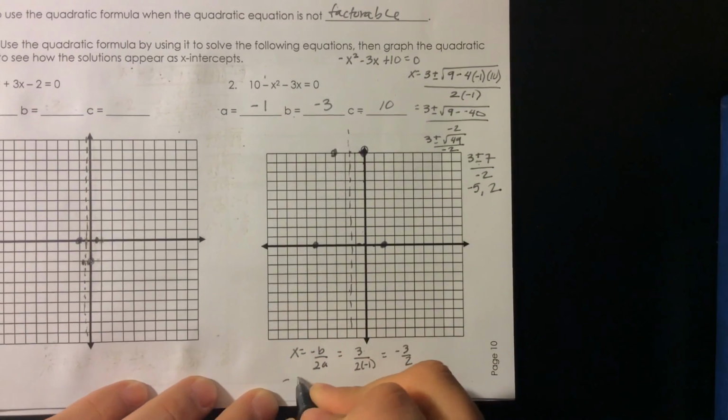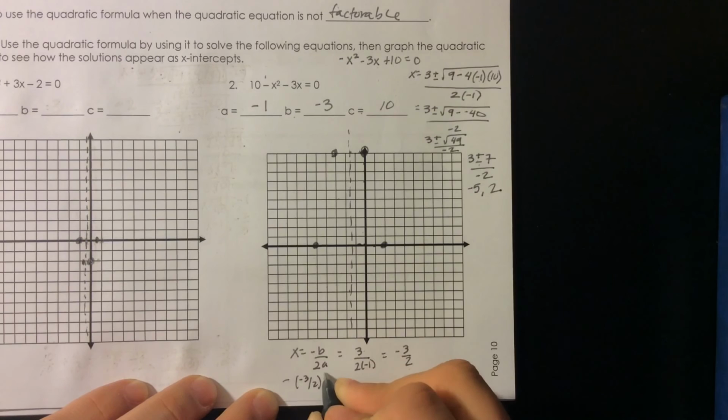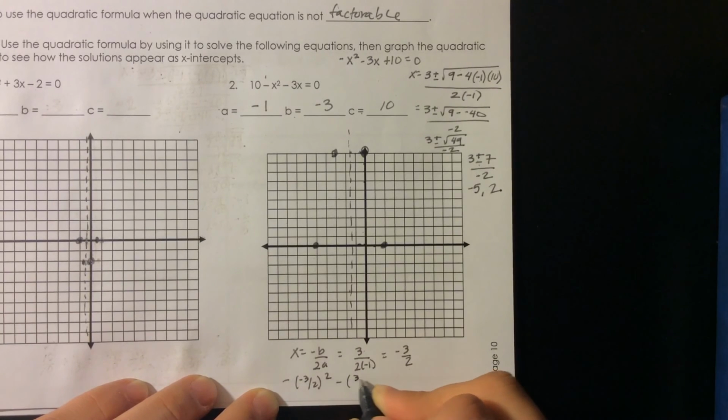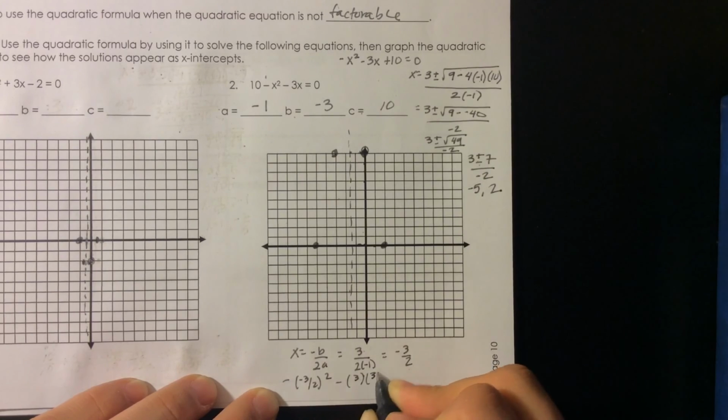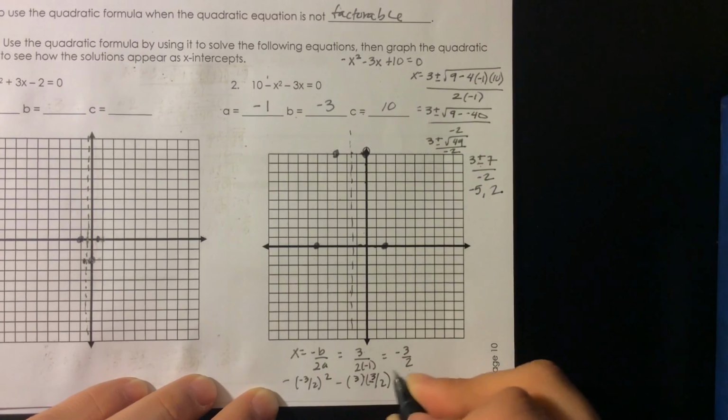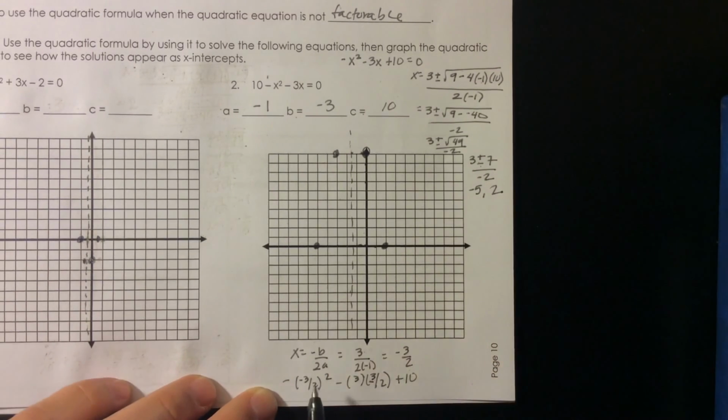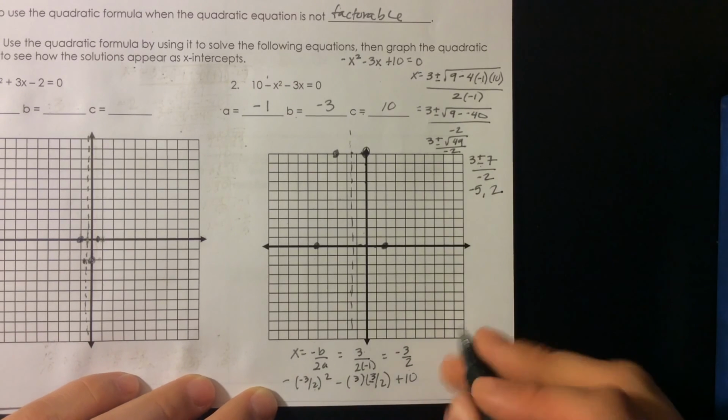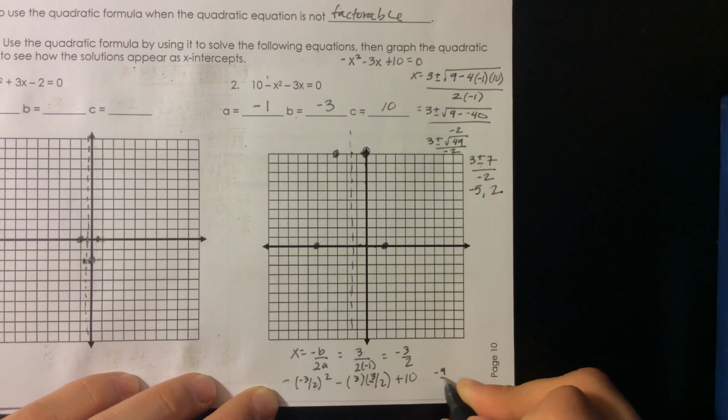So we'll have negative times negative 3/2 squared, minus 3 times negative 3/2, plus 10. I'm going to simplify this out. We'll get negative 9/4.